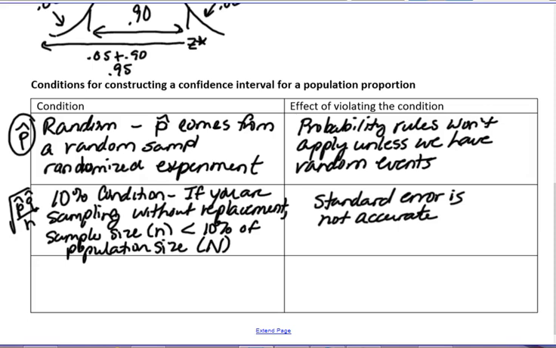It turns out that the confidence intervals end up being too wide.